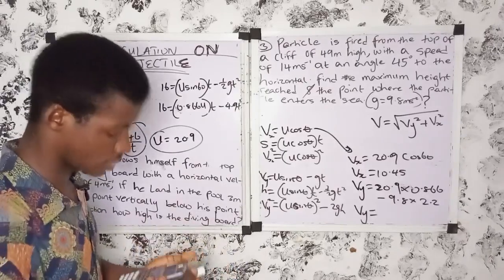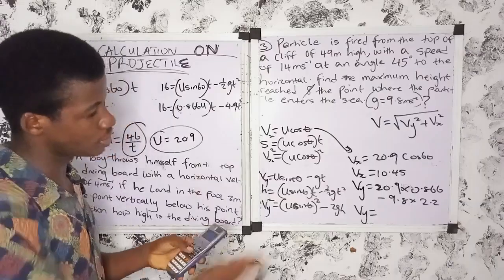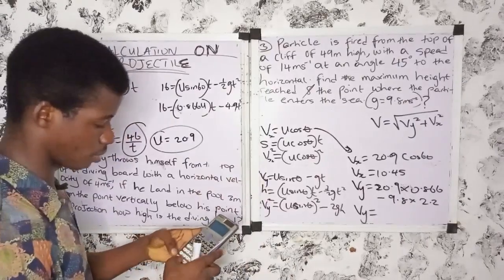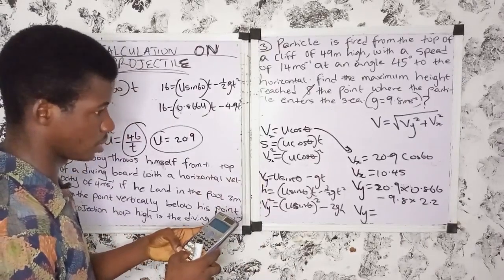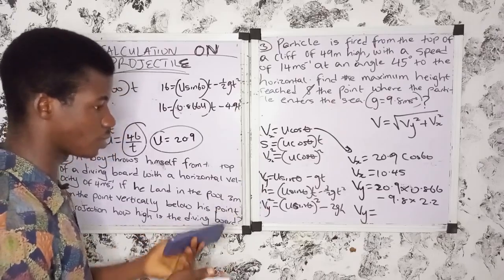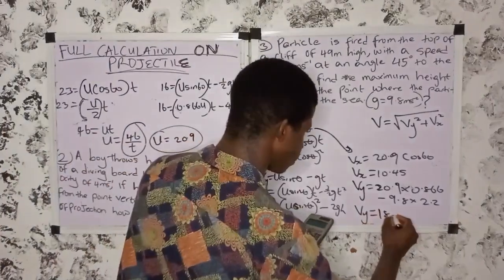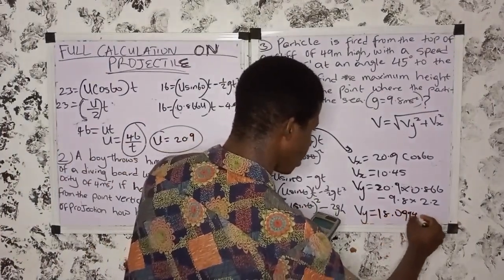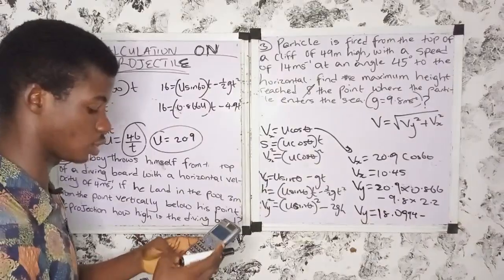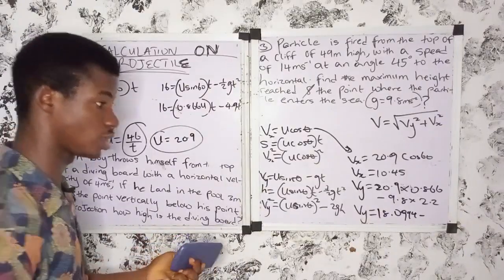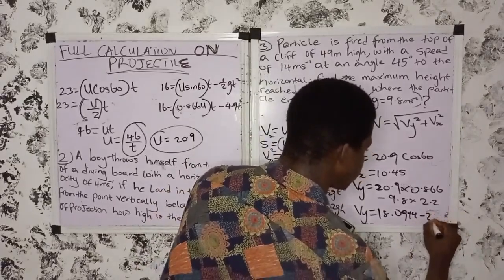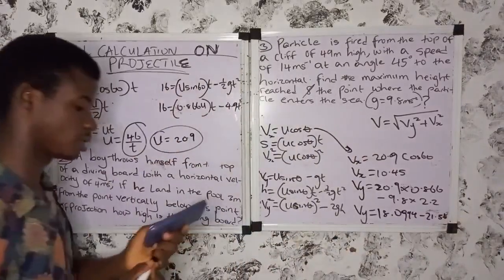Let me do it separately. 20.9 times 0.866 gives us 18.0994, then minus 9.8 times 2.2, which gives us 21.56. So let's subtract it.